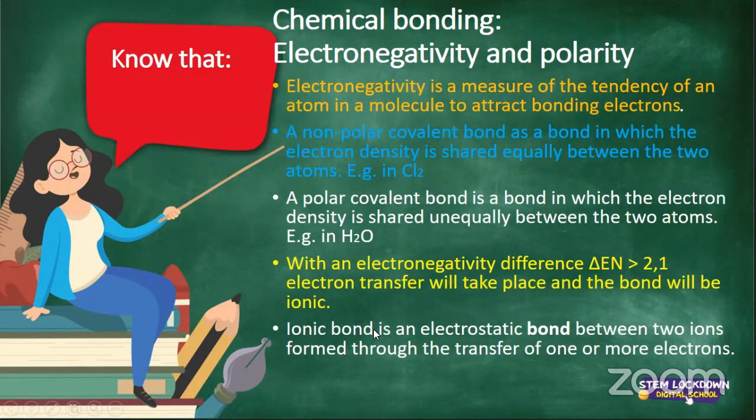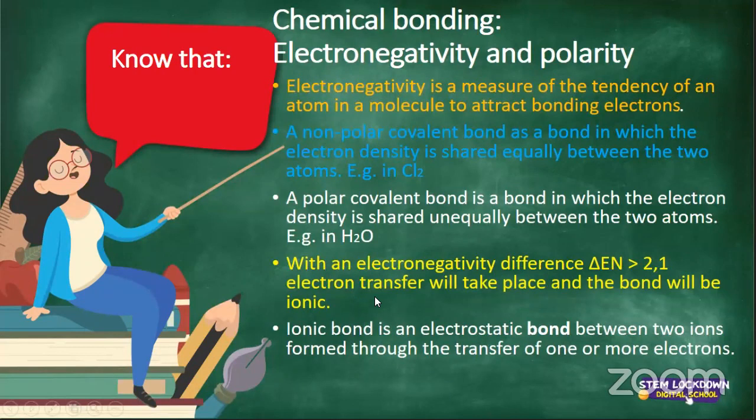We also have the polar covalent bond. Here the electron density is unequally shared between the atoms. For instance, in a water molecule, oxygen is more electronegative than hydrogen, so electron density will be around the oxygen atom.